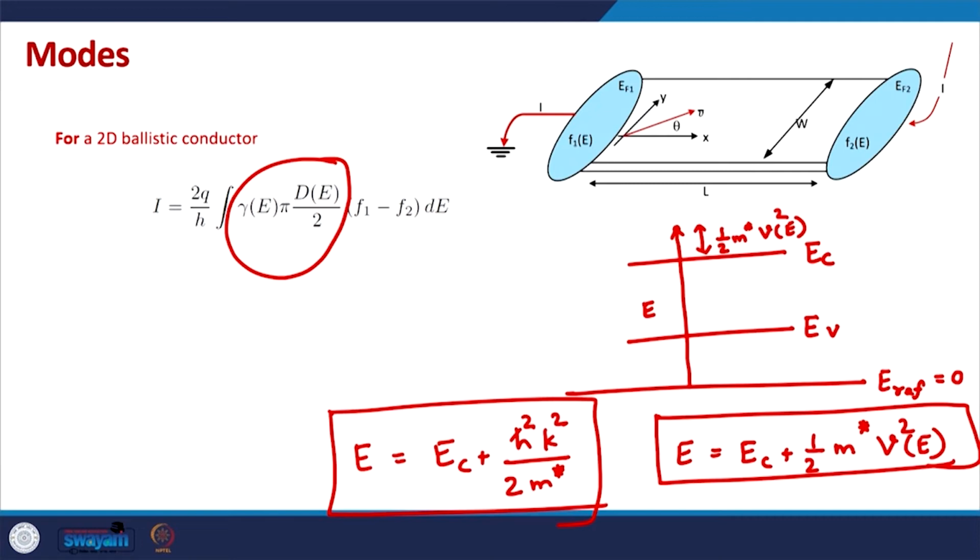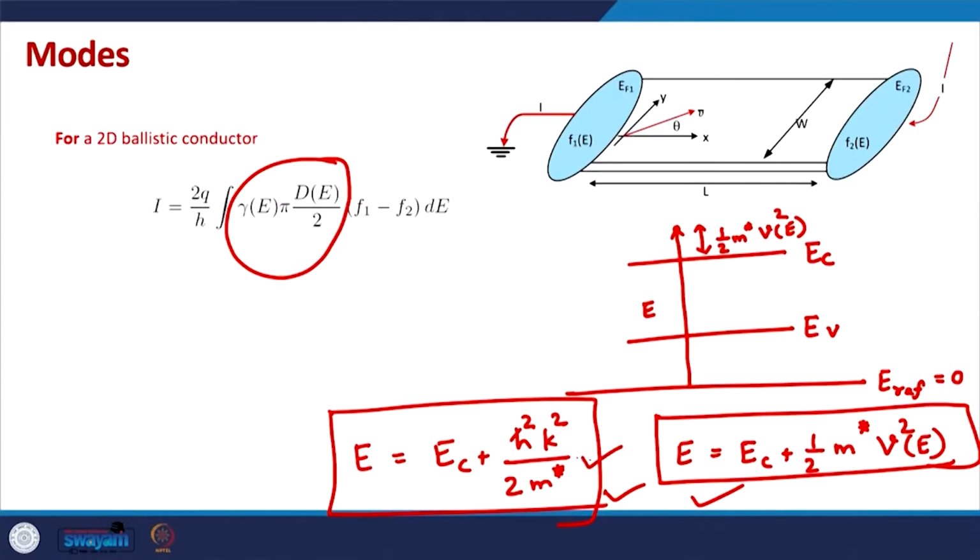Please keep these two expressions in mind. Near the bottom of the conduction band, the bands are parabolic and this relationship holds, and the energy in excess of the bottom of the conduction band is the kinetic energy of the electron, given by this relationship.